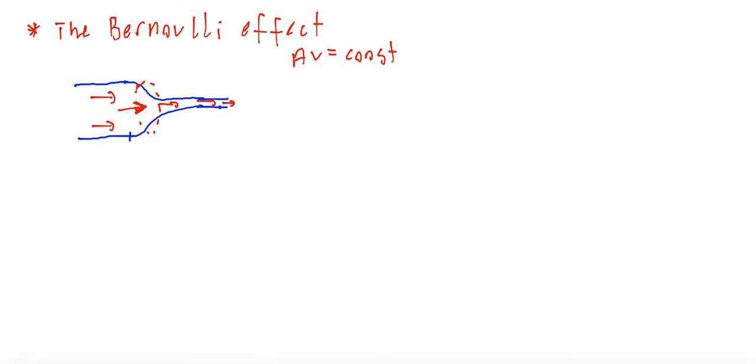Why? Because the same amount of fluid must pass through the cross-sectional area, so due to the continuity equation, the fluid must accelerate. So practically we have higher speed here than here.